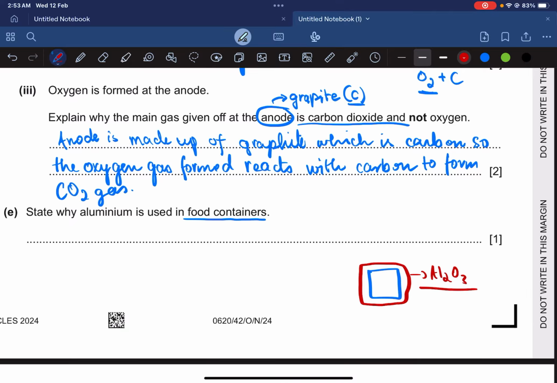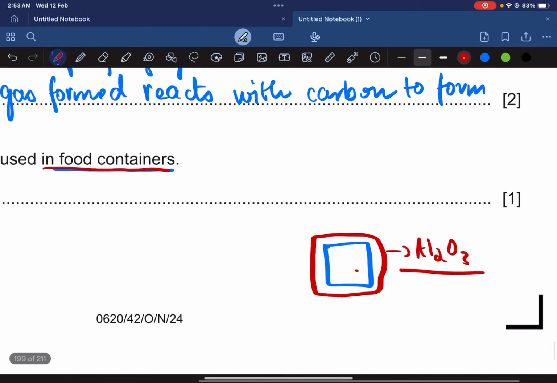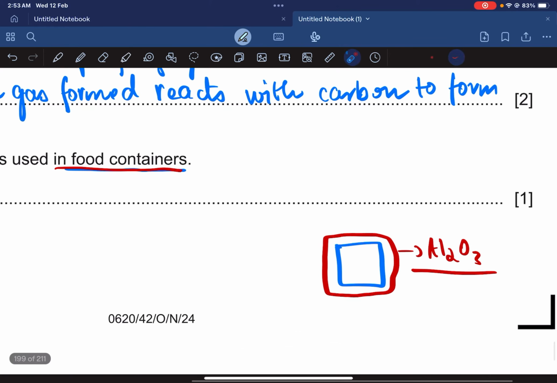That's why we use aluminium in food containers, because of its apparent lack of reactivity. Aluminium metal is very reactive, but what is not reactive is this layer of aluminium oxide formed at the top of aluminium. It does not allow the air and water to get inside and react with aluminium.